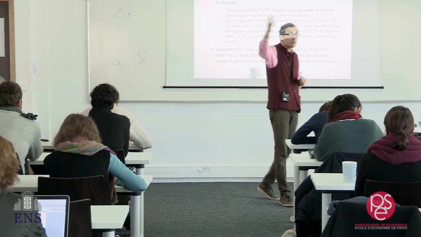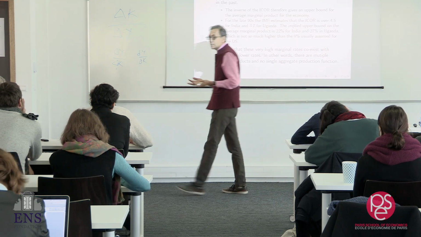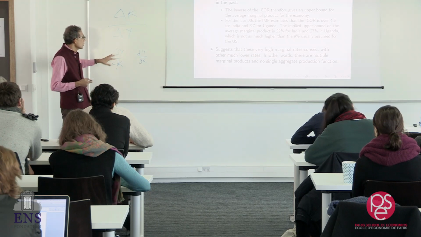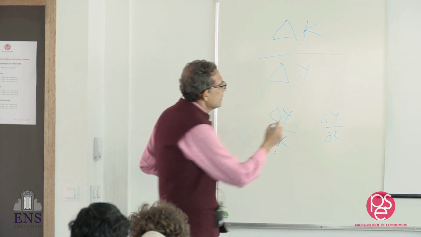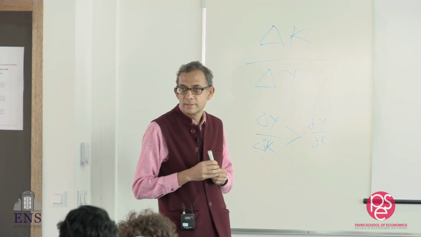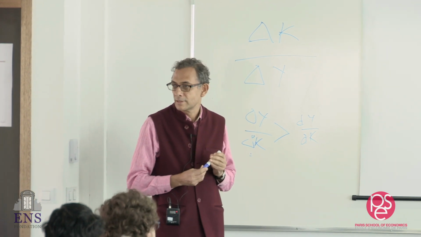So if you just look at year after year after year, countries are adding capital, the GDP is changing, and you can look at that, and you see that this must be strictly bigger than that. That's just arithmetic. I didn't do any deep economics there. Okay?